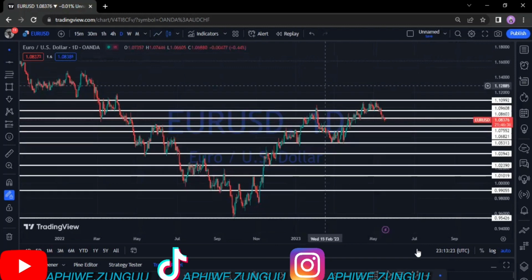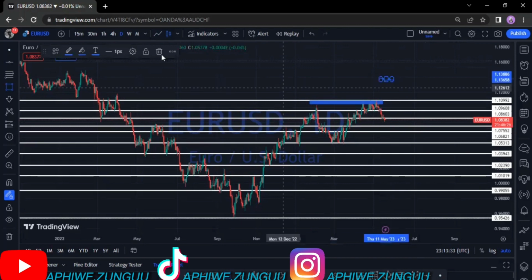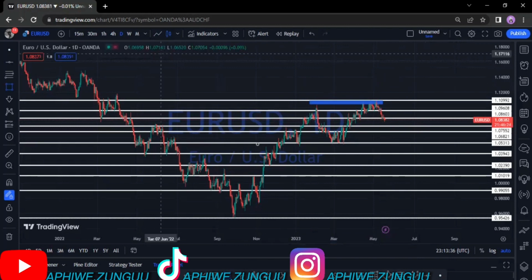So when I've marked out everything properly, I can start drawing my shapes, or start drawing my rectangles, or start drawing my support and resistance, right?